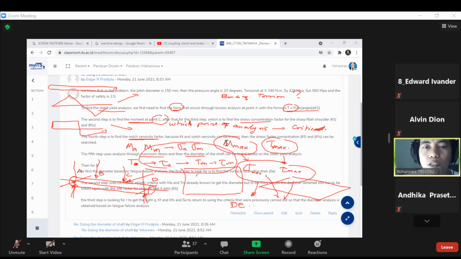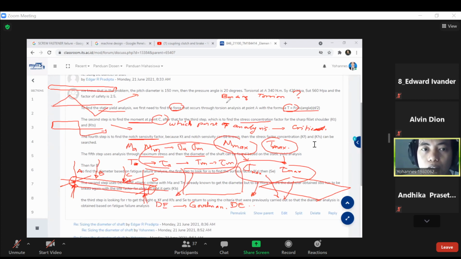Then you have to use this information in the fatigue failure theory you choose, for example, Goodman combined with distortion energy. So you have to combine the normal stress and shear stress to obtain von Mises stress, and then use this to evaluate using Goodman, for example. So that's the step required to solve this problem.